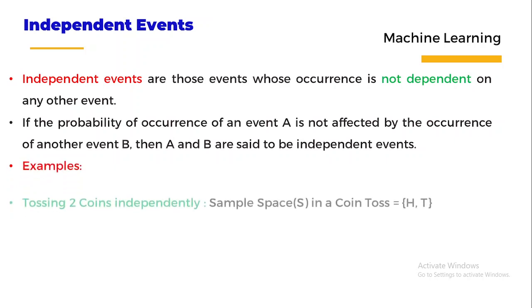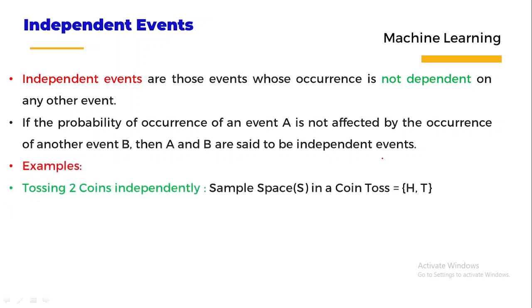For example, tossing two coins independently. Here the probability of getting head or tail is 1 by 2. Both events are independent of each other. They do not depend on each other. So we consider this as an independent event.